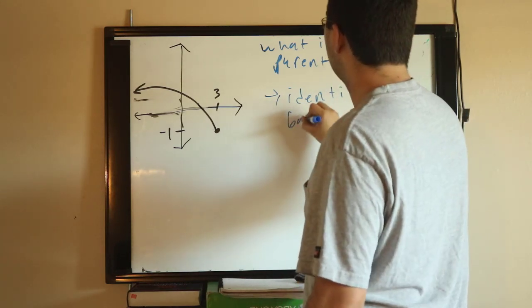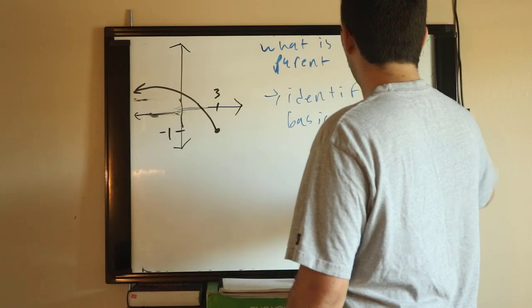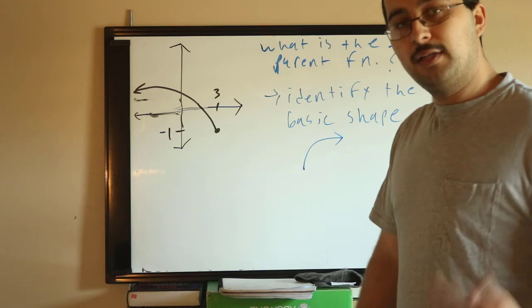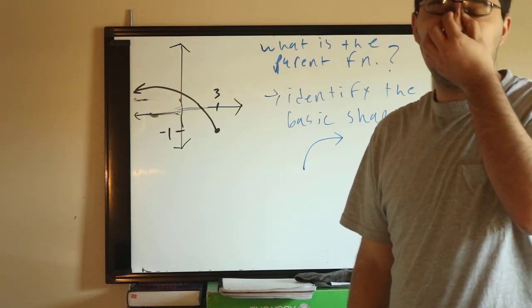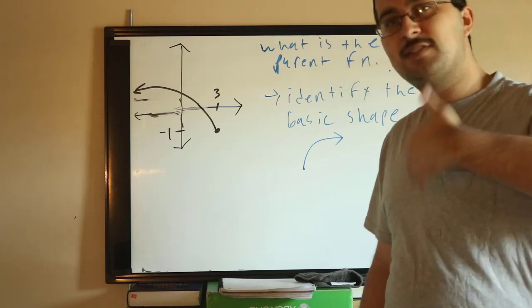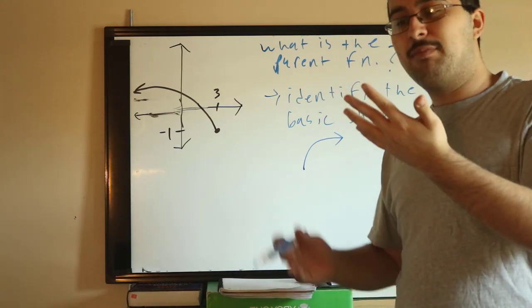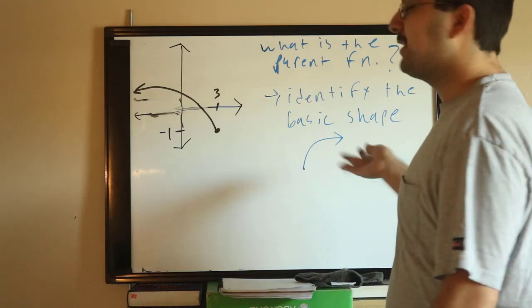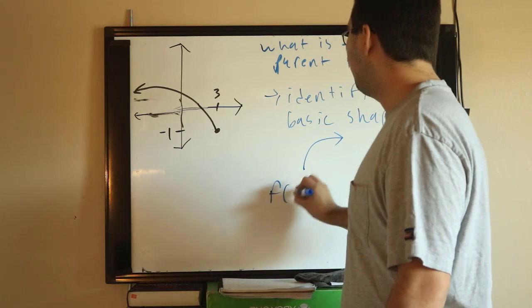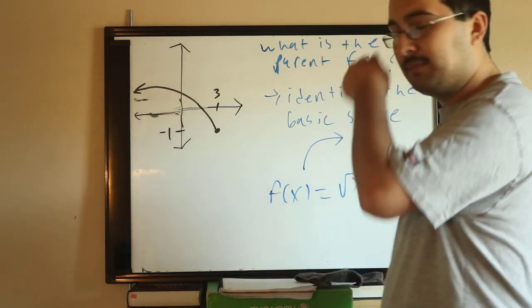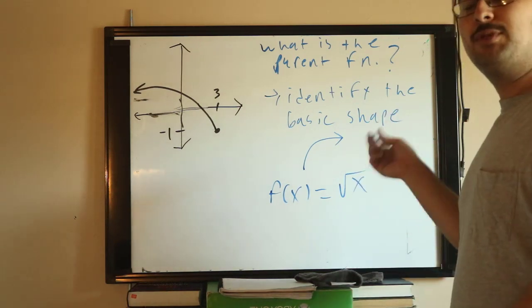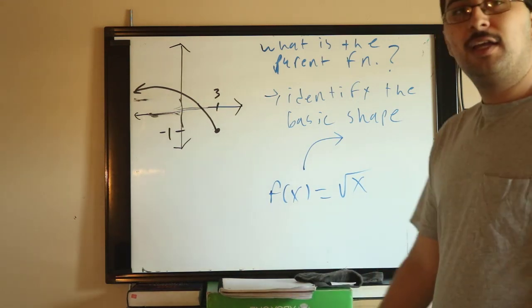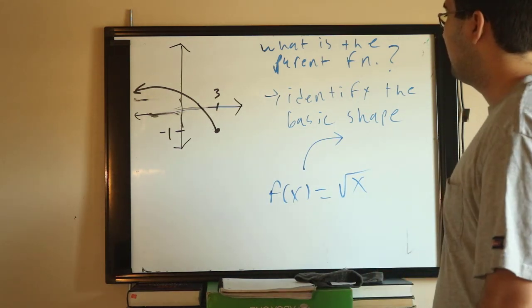For me, I can see that my basic shape is just that. So you go back to our list of parent graphs, or eventually have that list memorized in your head, and ask what function has that basic shape? This corresponds to f of x equals square root of x. So I already know, starting this problem, that I am talking about a square root function. Beautiful. That is how we would identify the parent graph for this example.